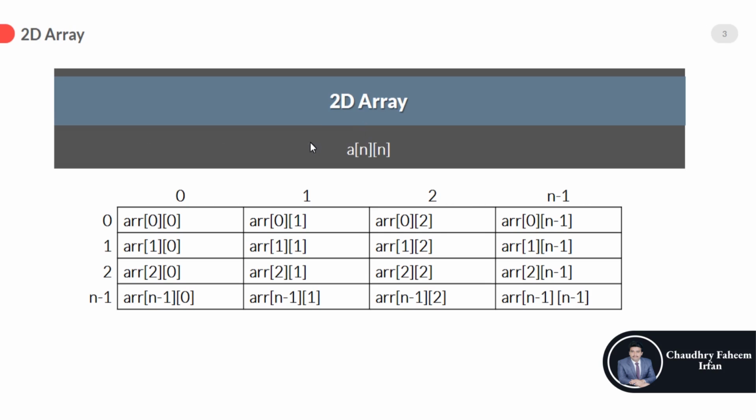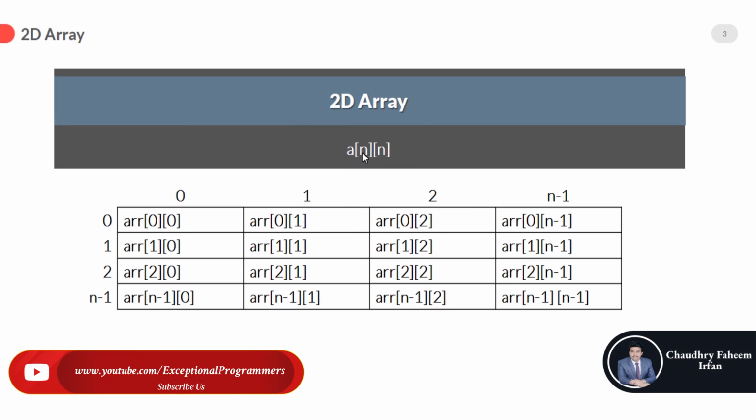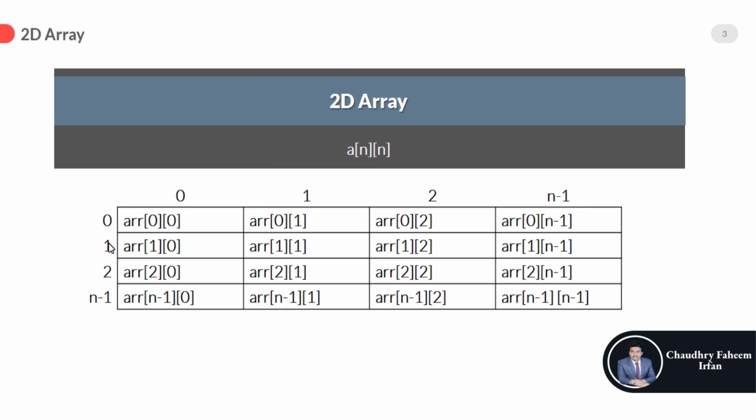Here is the representation of a 2D array. A is the array name, and N is for rows, and the second N is for columns. 0, 1, 2, up to N minus 1, these are the columns. 0, 1, 2, up to N minus 1, these are the rows.